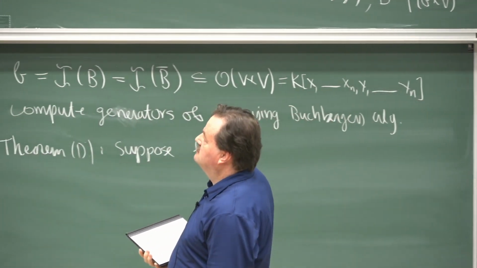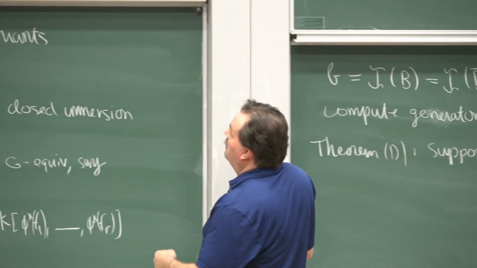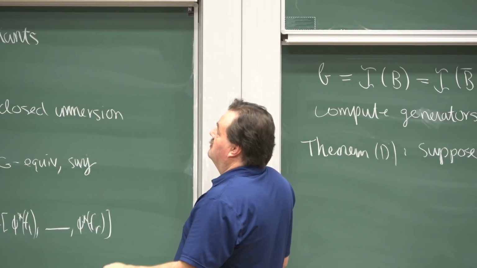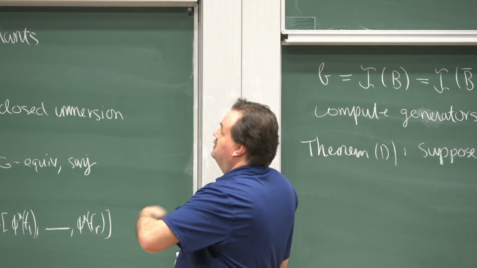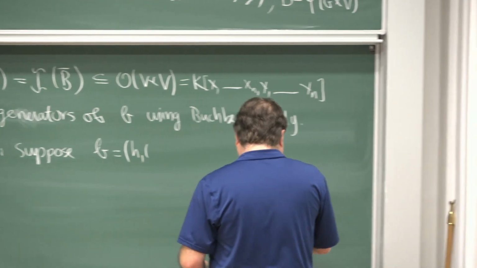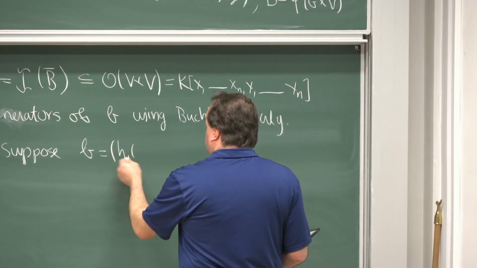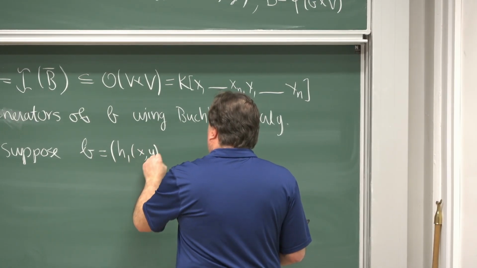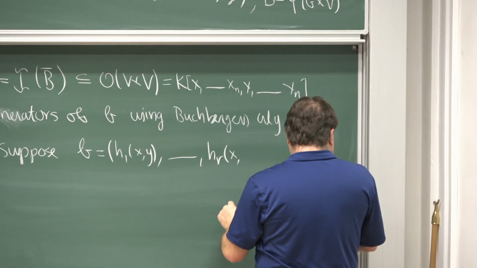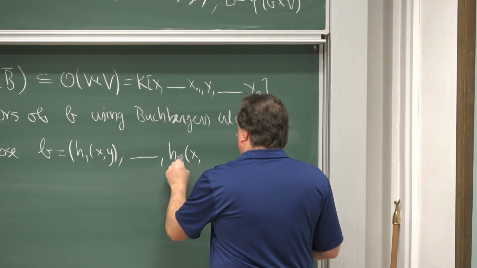Right? And so if you have a finite group, then the Reynolds operator is basically averaging over the group. Okay, suppose this ideal is generated by some polynomials, H1 up to Hs, I use S in my notes.